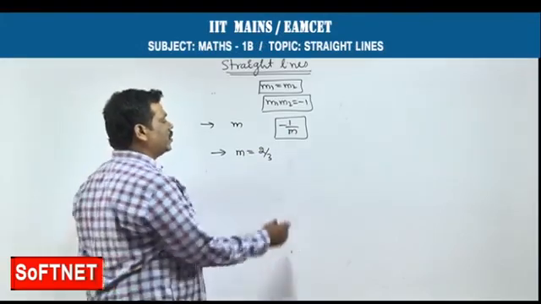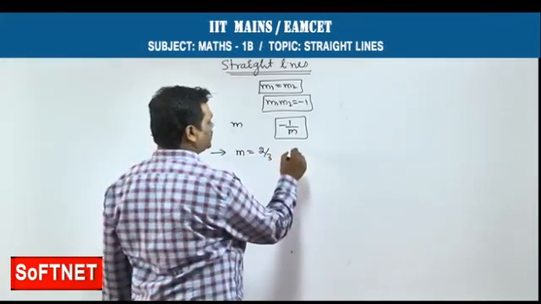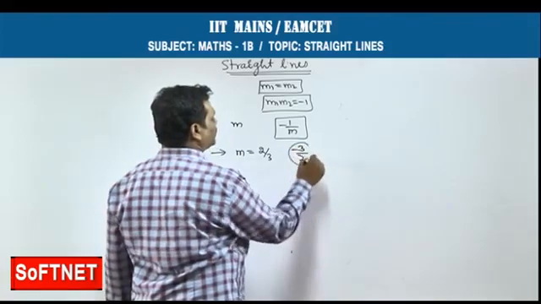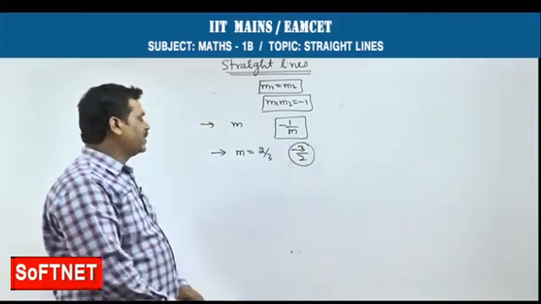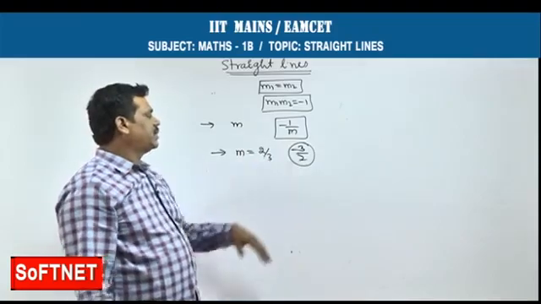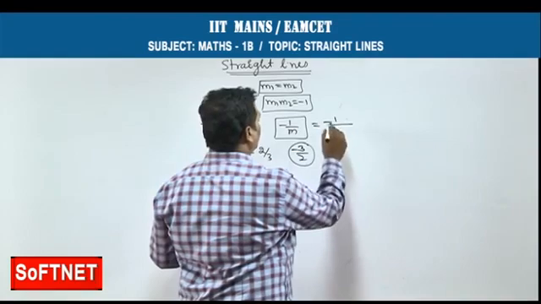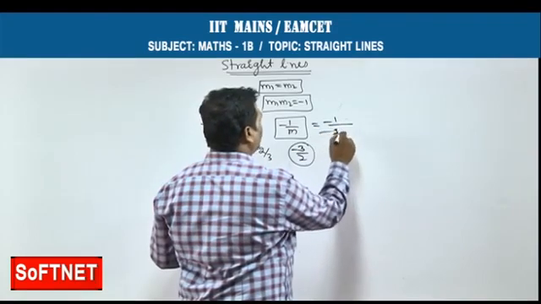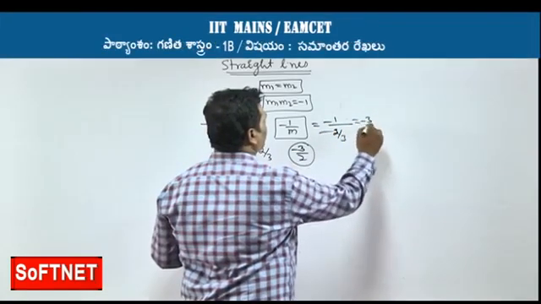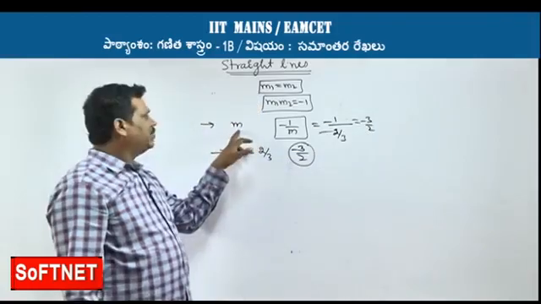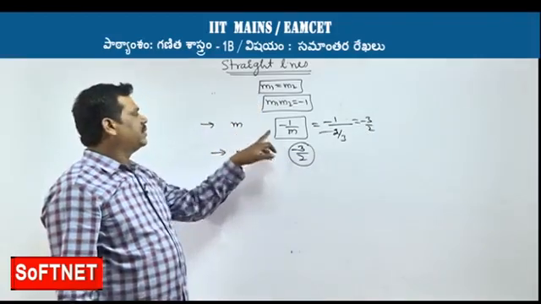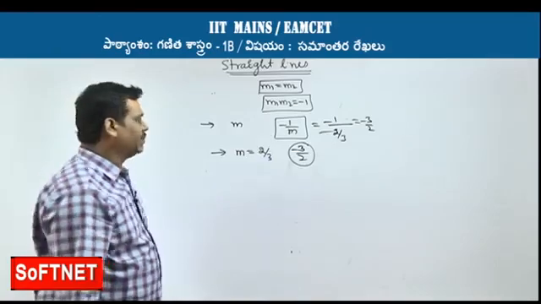Then the perpendicular slope of that line is what? Minus 3 by 2. Minus 1 by 2 by 3, we get minus 3 by 2. If m is the slope of a line, then the perpendicular slope is minus 1 by m.